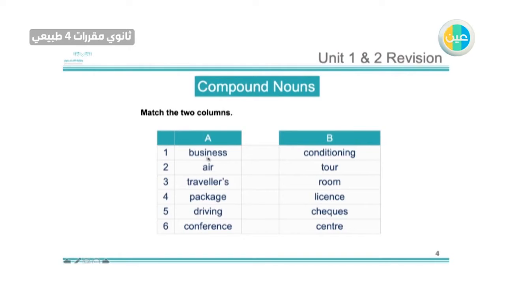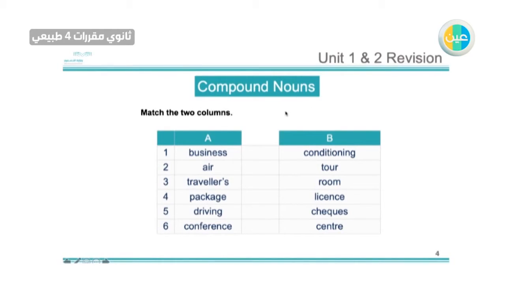So the word here, business, it goes along with one of these words. What do we say? Do we say business conditioning? No. Do we say a business tour, or business room, a business license, or a business check, or a business center? What do you think? We are talking about compound nouns.